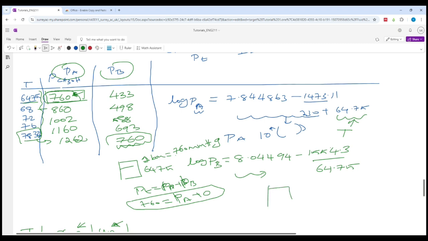Imagine you have a pure system with just component A. If we heat this component to 64.75, it is going to exert a pressure of 760 millimeters of mercury.